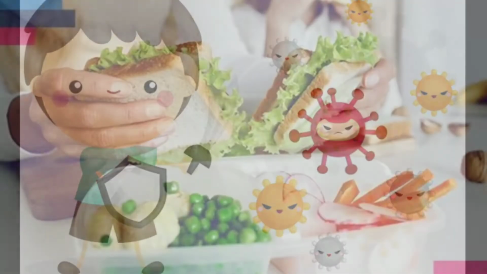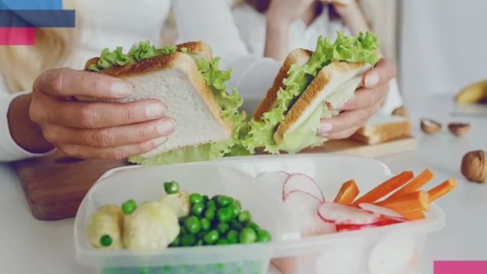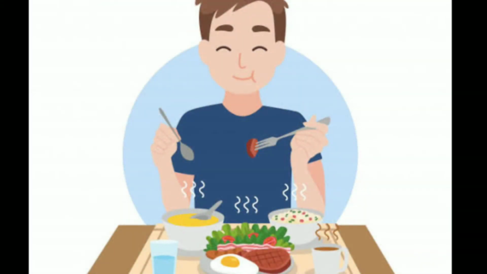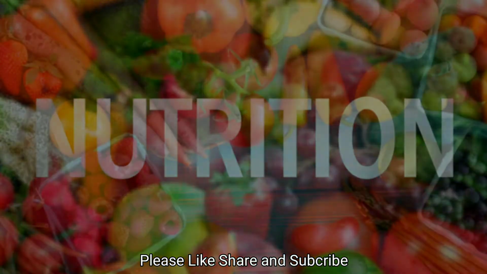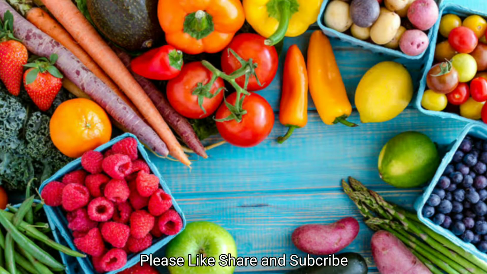In living things, the process of taking in food and water and using it for growth and other purposes is called nutrition. And the constituents of food useful for these purposes are called nutrients.